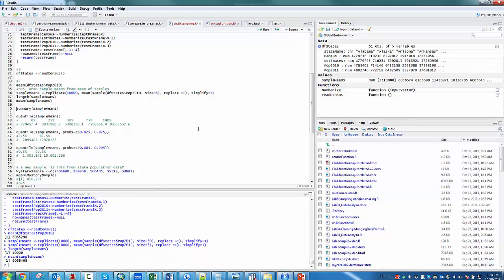And the mean of this sample mean is 6 million, which is, what is the mean of the data? df states.